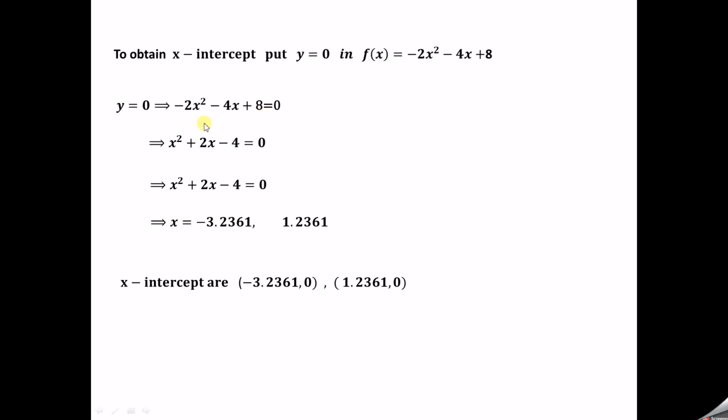Using a calculator, you can find this. x will be minus 3.2361 and x is 1.2361. These are the 2 x values where y is 0. That means the curve is intersecting the x-axis at these 2 points. So the x-intercepts are: when x is minus 3.2361, y will be 0, and the other x-intercept is 1.2361 and again y will be 0. So this is the procedure to find intercepts for the given parabola.